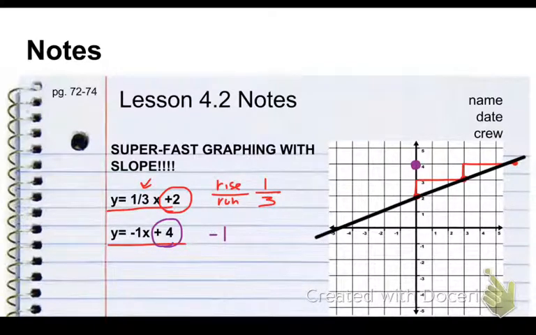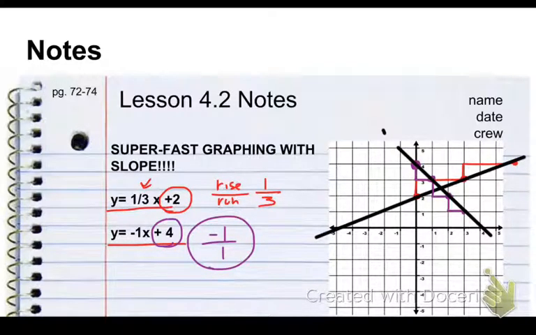Negative 1 is negative 1 over 1, right? So that means I am going down 1 over 1. I just repeat that pattern. Down 1 over 1, make a dot, and keep repeating. And sure enough, if I put all that together, I get my next line without having to make a table.